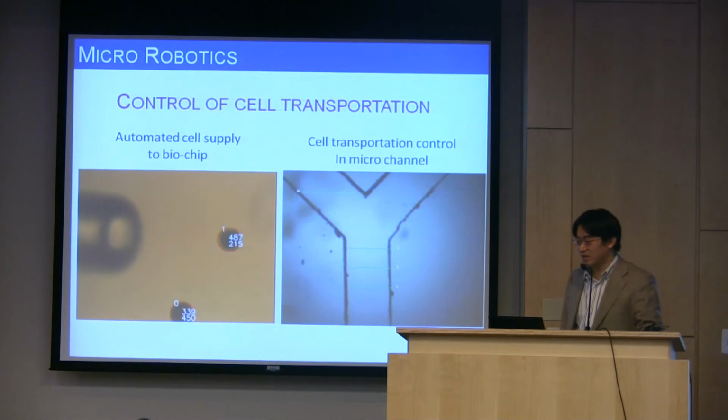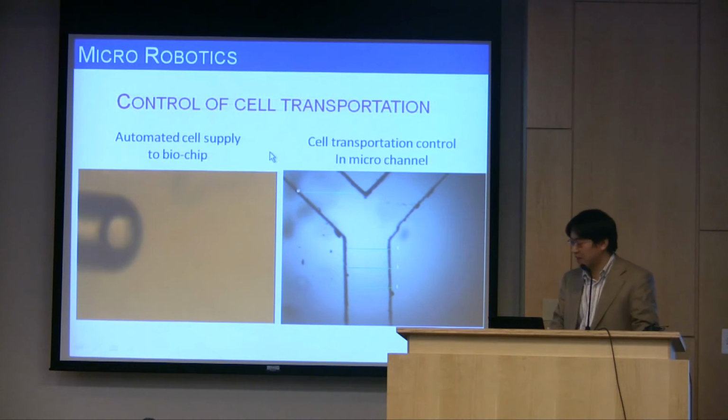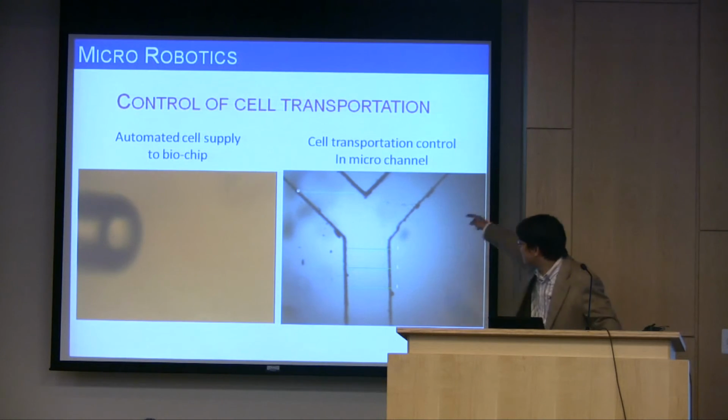This is the first part of the system. We must supply the cells to the system. So it finds the cells automatically, then automatically sends them to the process. The right side is the channel in the microchip. Now the cell comes down.